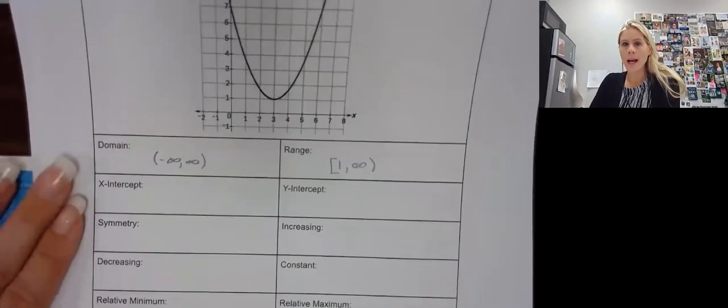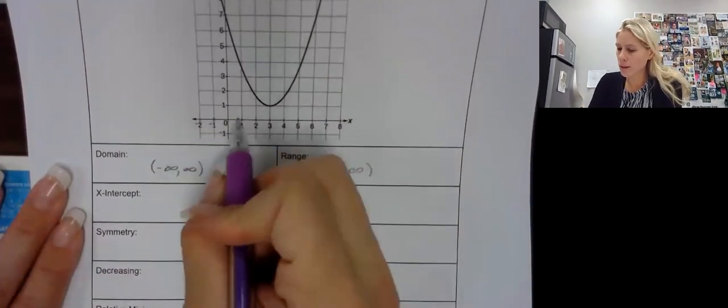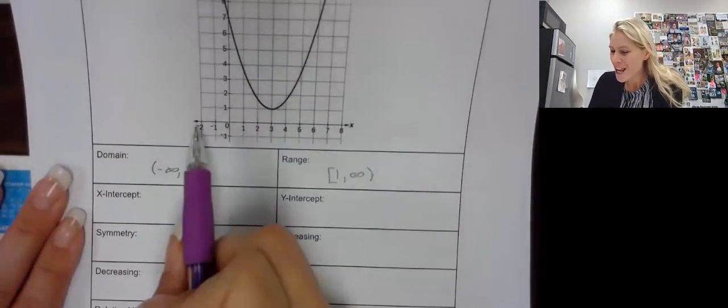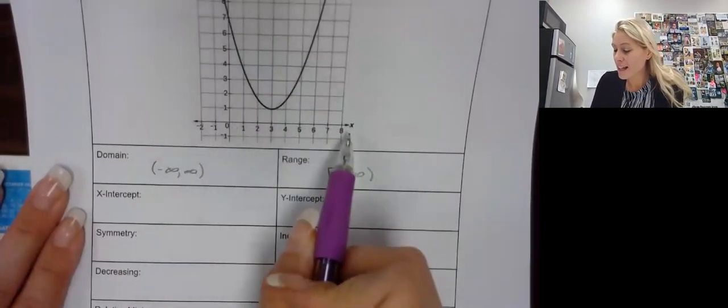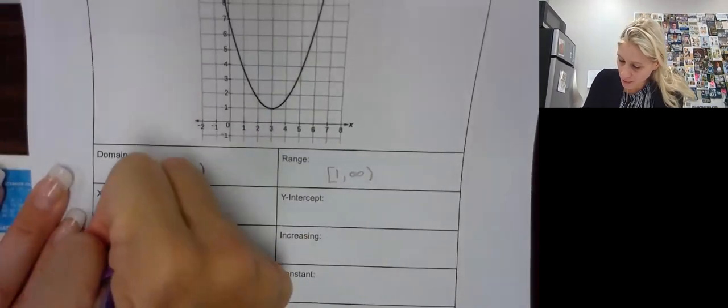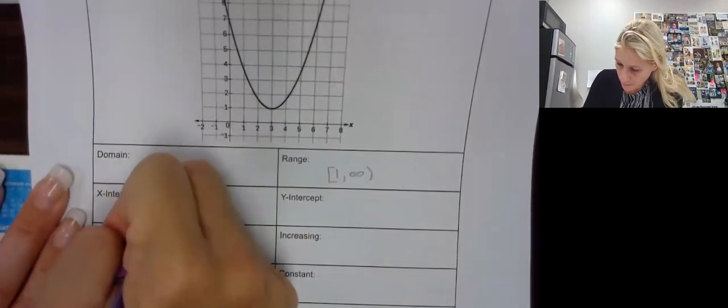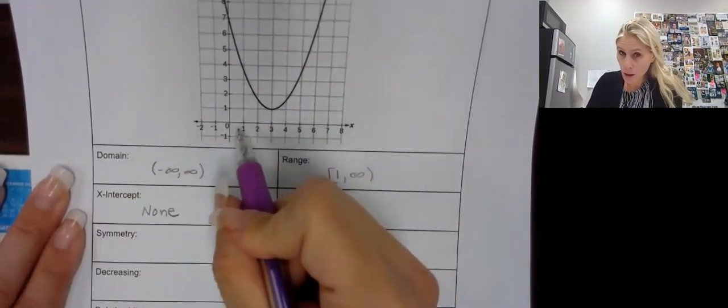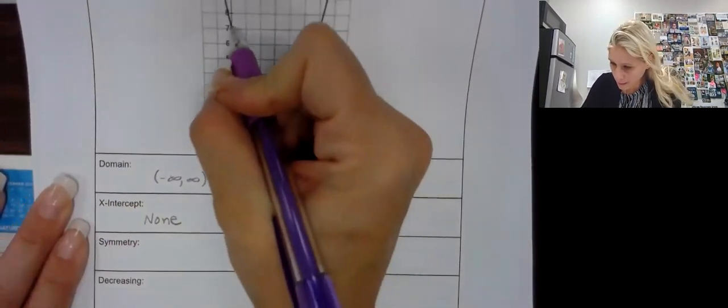Okay. X-intercept. Well, of course, right now, I swear the first graph had some x-intercepts, guys. It does not cross the x-axis, so there are none. The y-intercept, where it crosses the y-axis, right here at 7.